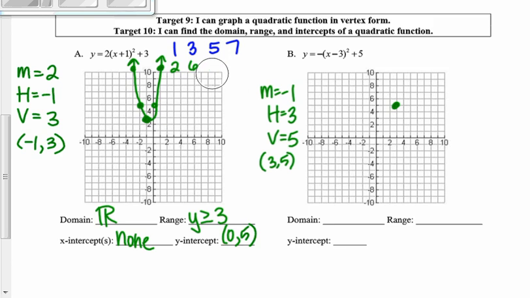So I'm going to take that 1, 3, 5, 7 pattern and multiply it by -1. And all that means is you're going down. So we're going to go down 1 over 1, down 3 over 1, and then down 5 over 1. You could continue that pattern if you wanted to.